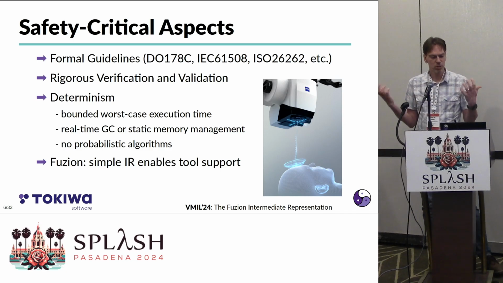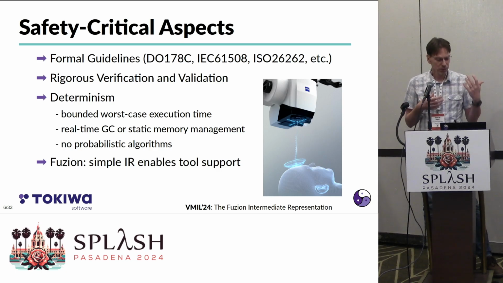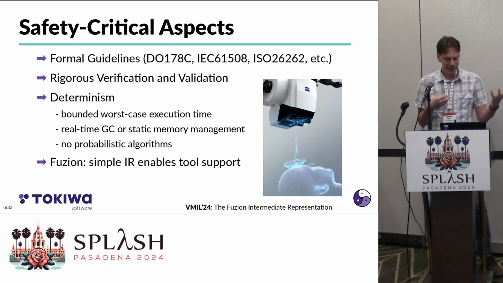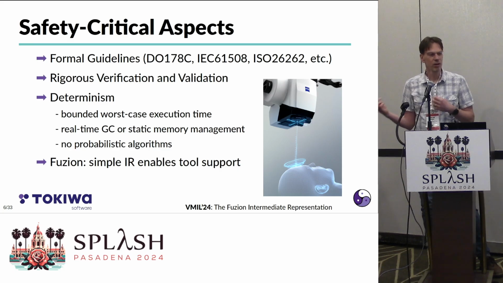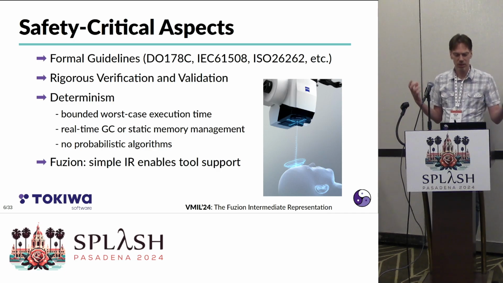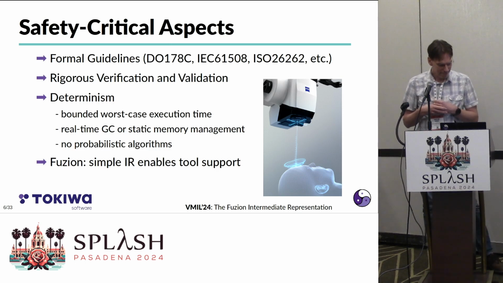So what do safety-critical systems typically have in common? What requirements do they have? Typically, there are fairly strict formal guidelines for the certification of safety-critical software. And there are different guidelines, different standards for different application areas like avionics, industrial applications, automotive, medical, and so on.